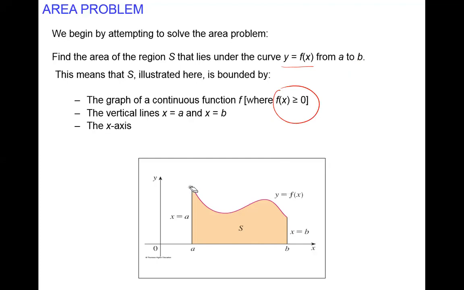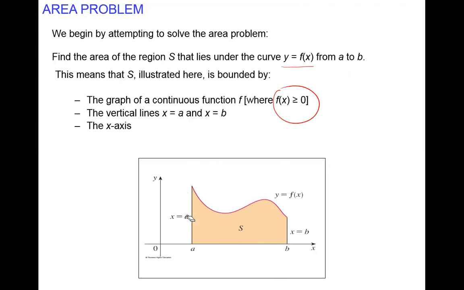We will restrict the domain for now from A to B only. We will highlight the region under the curve, above the x-axis, and between the vertical lines A and B. That is the region S, and we would like to find the area of this.